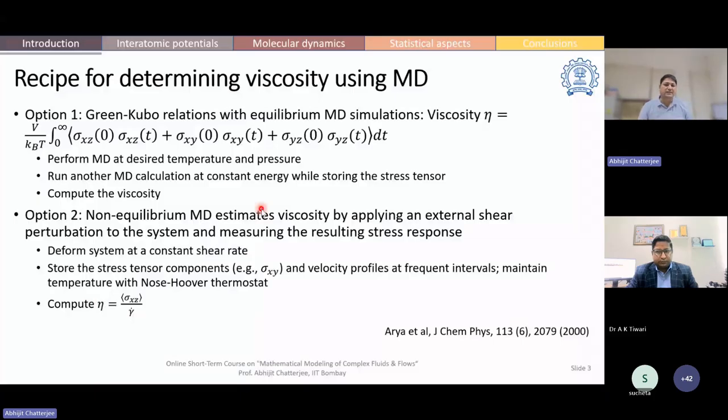So there are these established methods which are available, which can provide us with the viscosity estimates, and all we now need to do is to have a formalism where we can start from the molecular scale properties and estimate the stress value or the strain rates and so on.